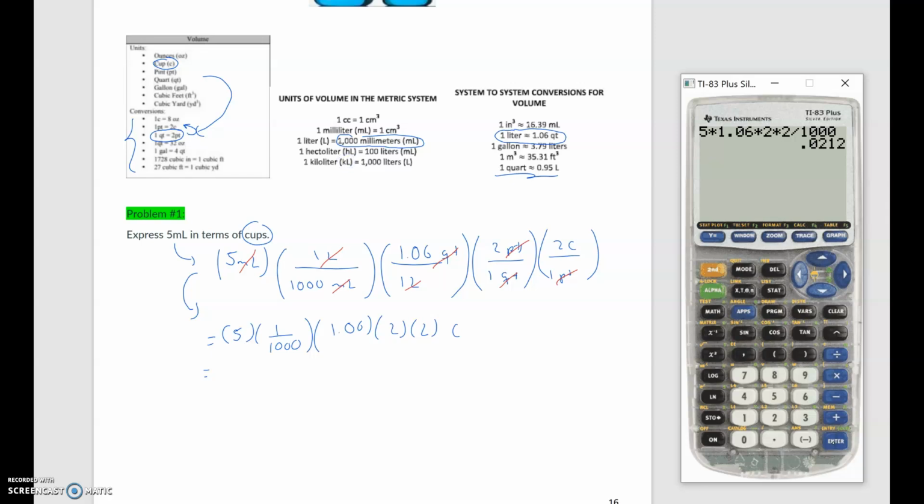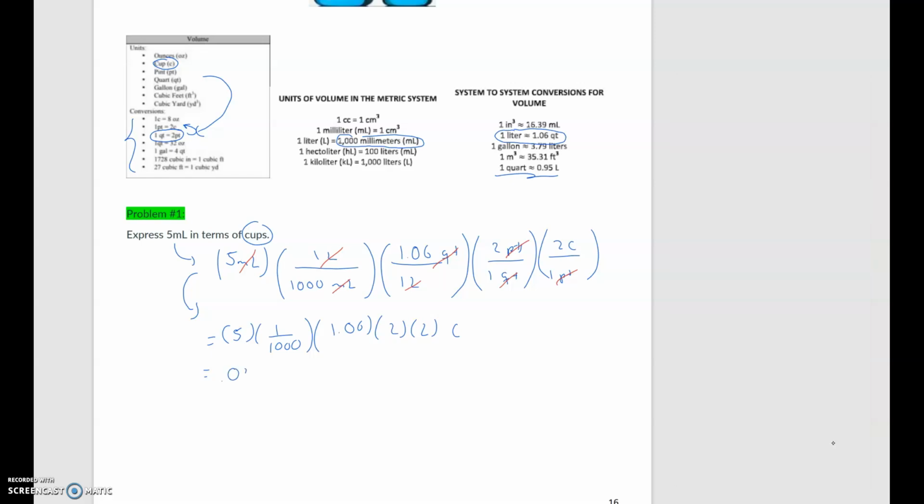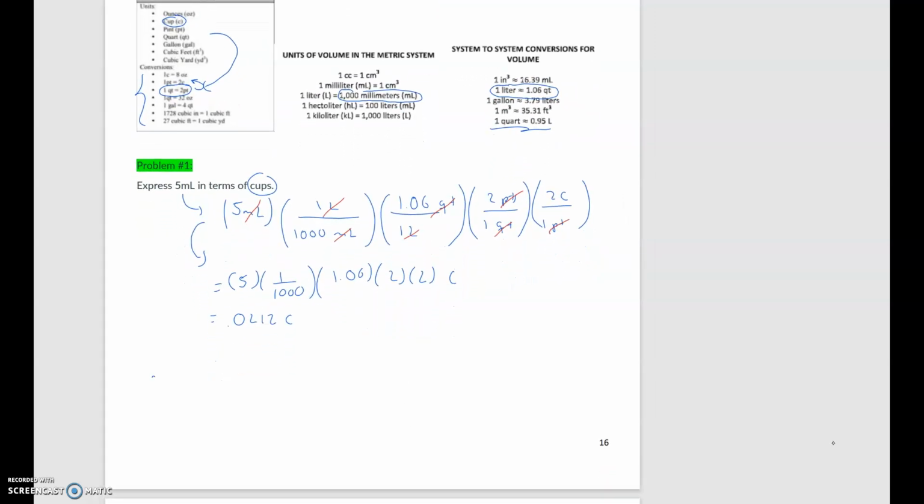And I'm getting 0.0212. So this is equivalent to 0.0212 cups. And let me just write it as a sentence. In this case, 5 milliliters is equivalent to 0.0212.